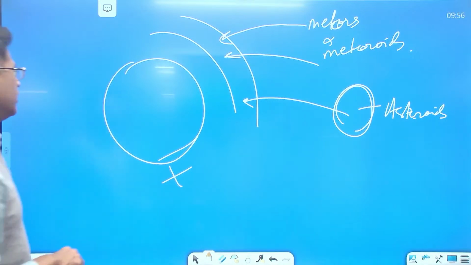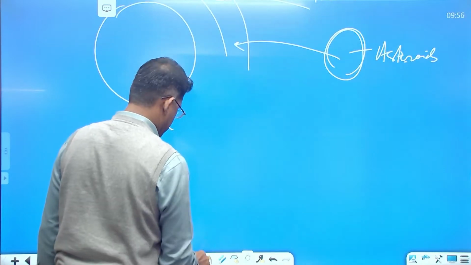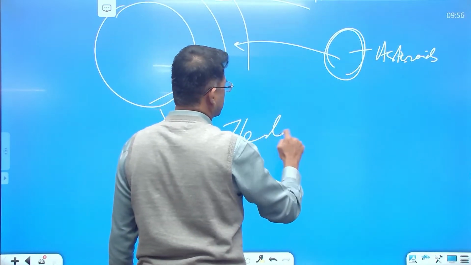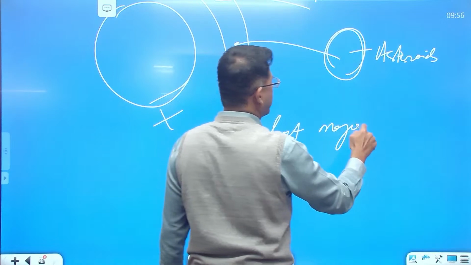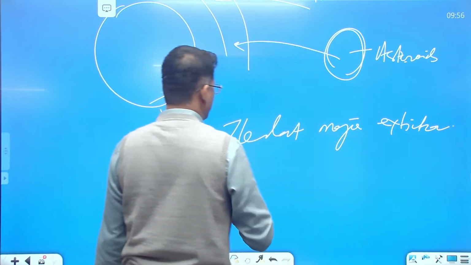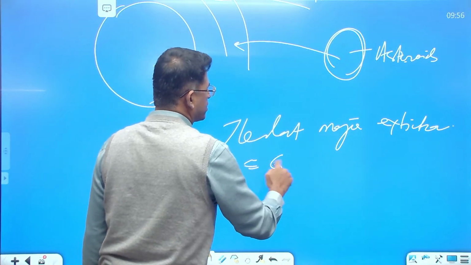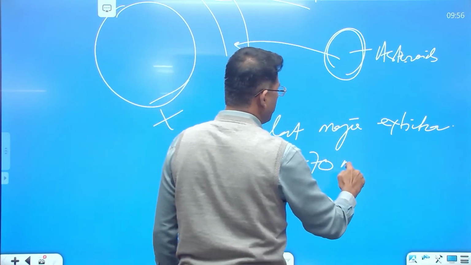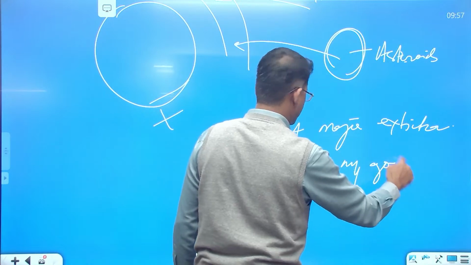In fact, the last major extinction happened around 60-70 million years ago.